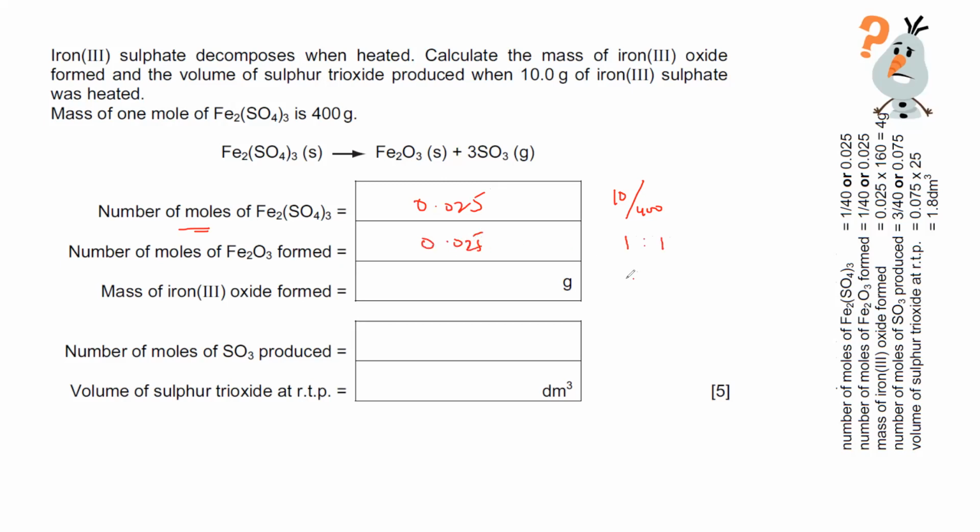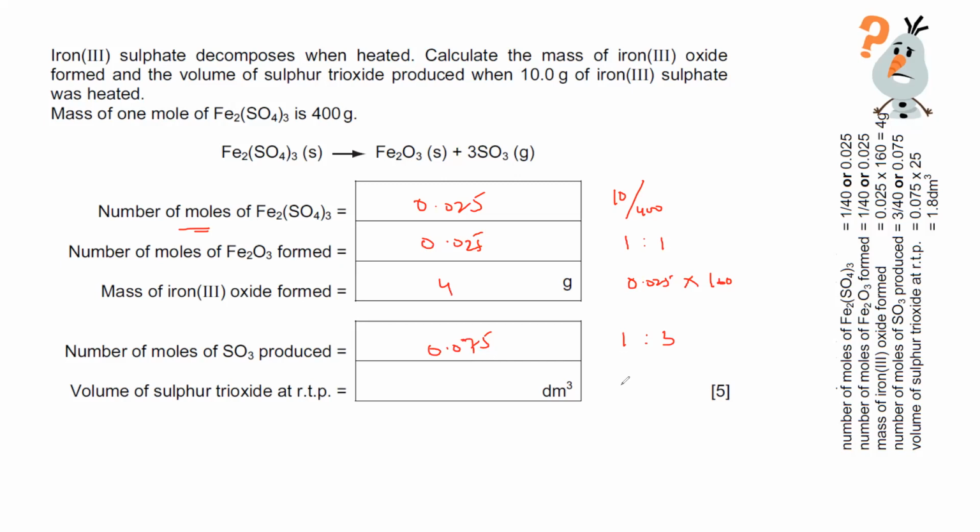Then again we use a formula here, where moles were 0.025 multiplied by molar mass 160, so we got the mass in gram, which is 4. And then we use a ratio again, 1:3 is the ratio, so we got 0.075.